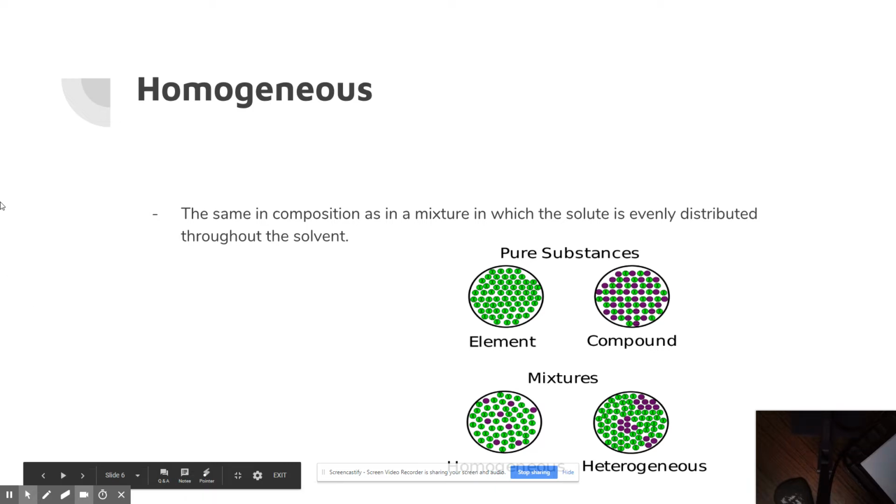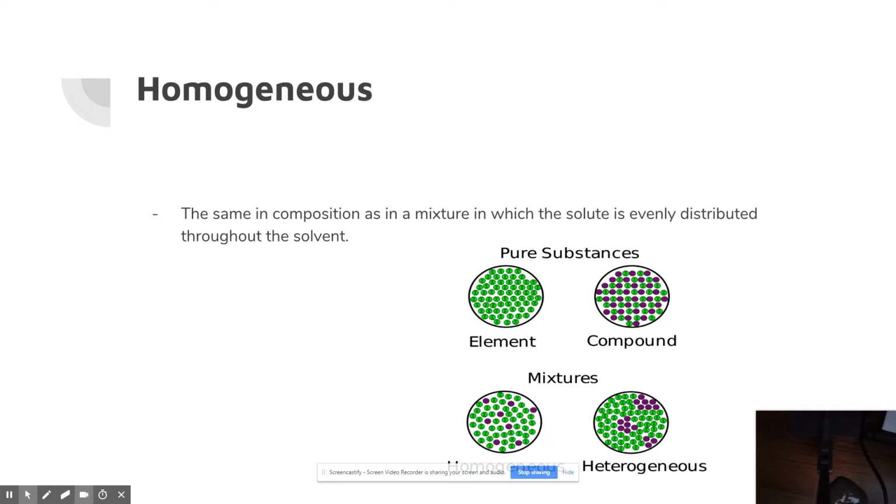All right, next. Homogeneous. Big word, guys. The same in composition, as in a mixture in which the solute is evenly distributed throughout the solvent. Now, what does that even mean? That means when you have a mixture, the solute, which remember, is the item that you're pouring into the solvent.